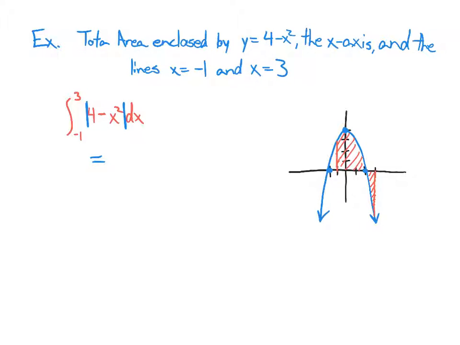If I want absolute value, I need to make that part down below be positive, right? Would the absolute value do that? The absolute value will do that, okay. But I don't know how to take the integral of an absolute value.